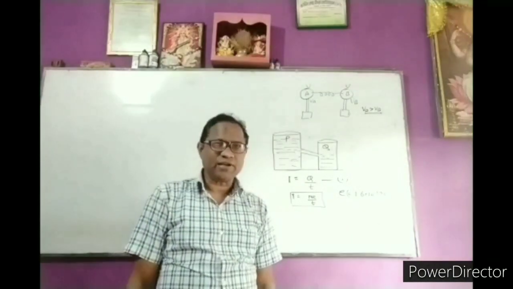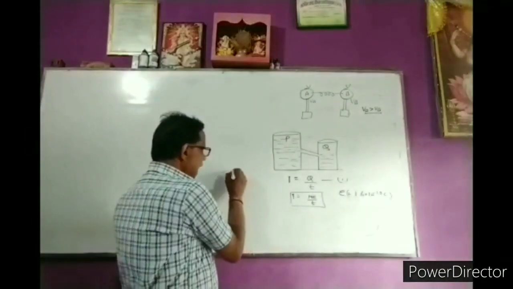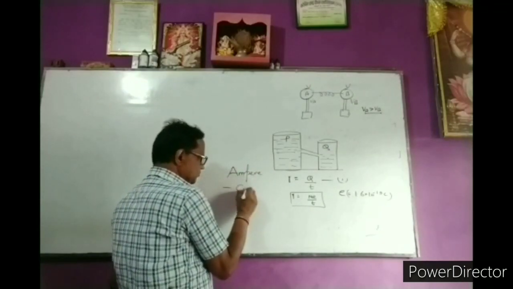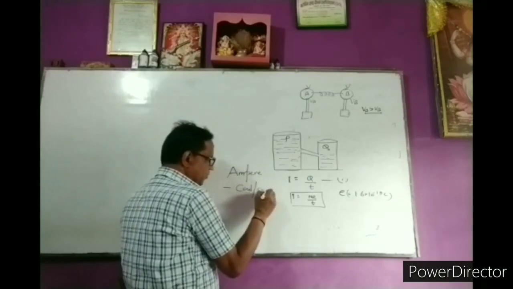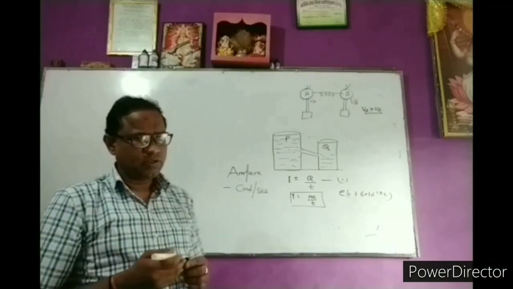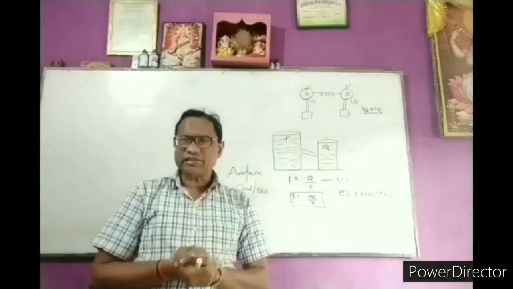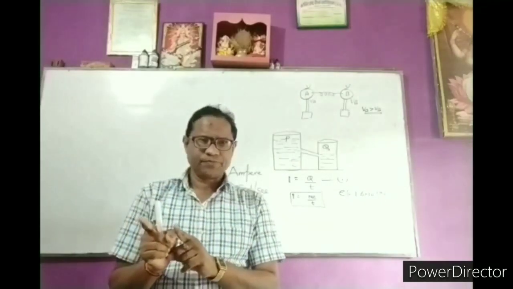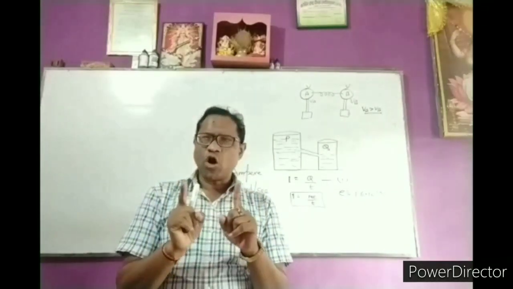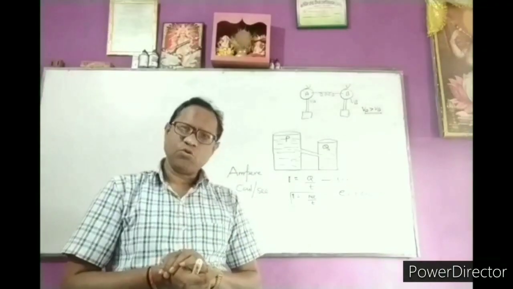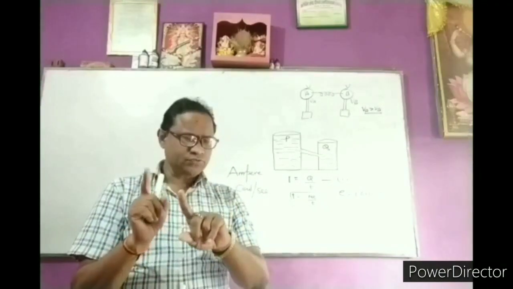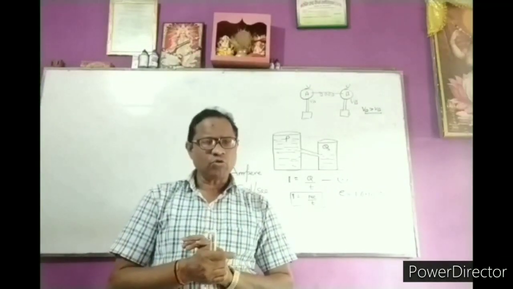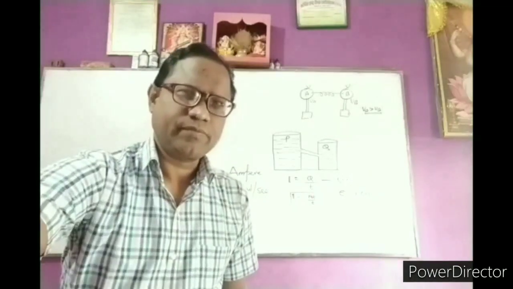What is the SI unit of electric current? Ampere. Coulomb per second. SI unit of electric current is ampere. So the current flowing through a conductor is said to be of 1 ampere when the charge is flowing through it at the rate of 1 coulomb per second.